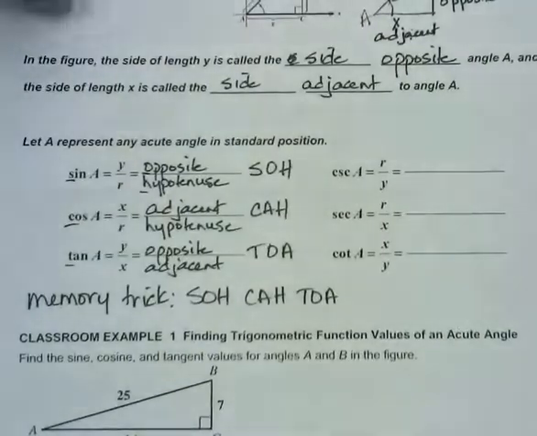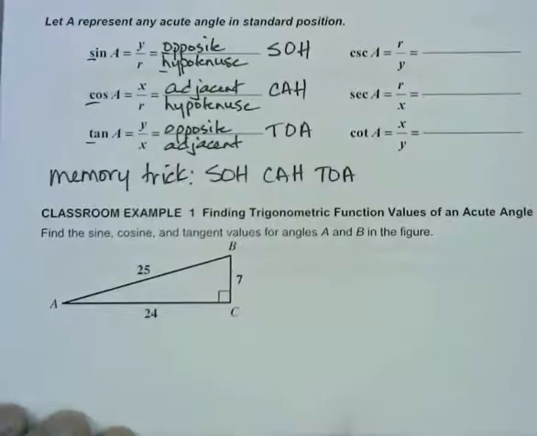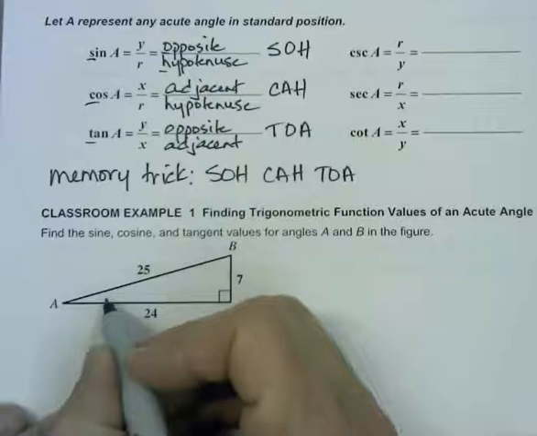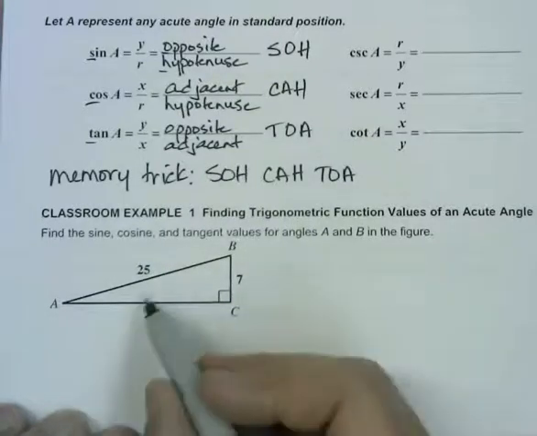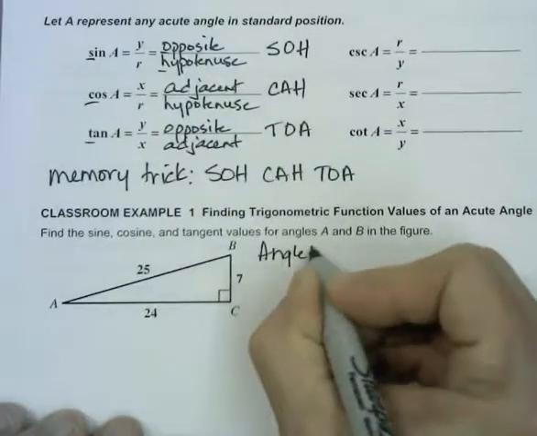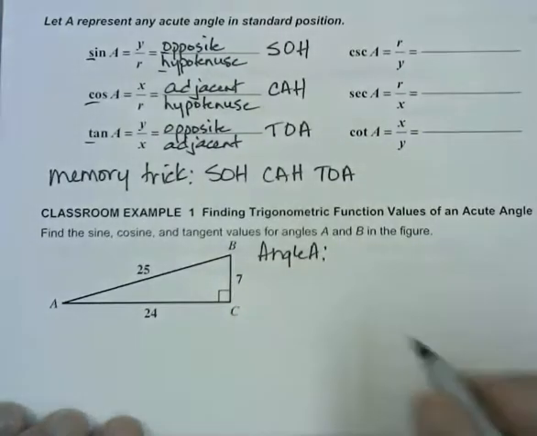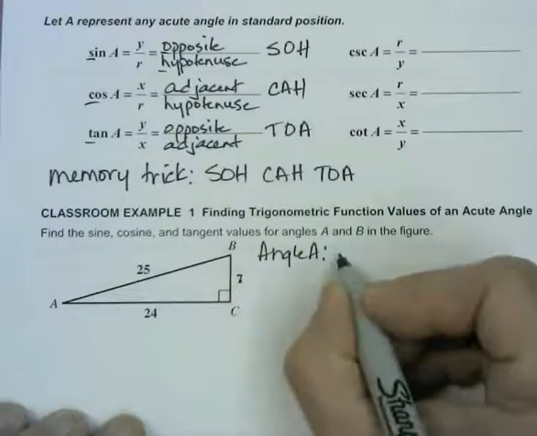Let's do an example. So based on this right triangle, we're going to find the sine, cosine, and tangent values for both angle A and angle B. And which side is the opposite and which side is the adjacent depends on which of these 2 angles we're looking at. So let's start with angle A. For angle A, the side opposite angle A is 7.